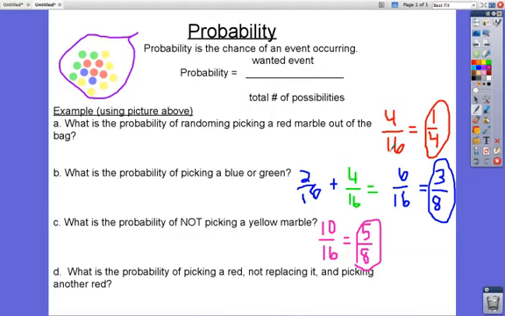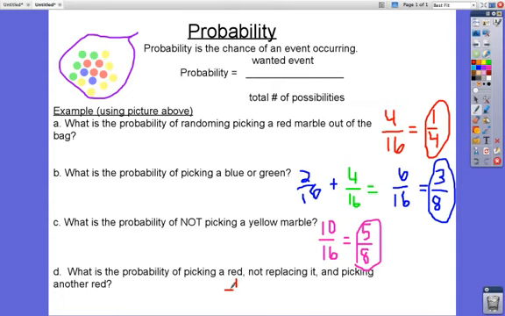And then for the last one, we have to find the probability of picking a red marble and not replacing it. So you keep it in your hand and you pick up another marble and you want to get another red. So first, ignoring the last part, what is the probability of picking a red? We figured that out in part A. We said it was 4/16, which equals 1/4.